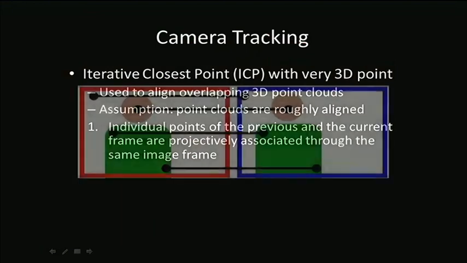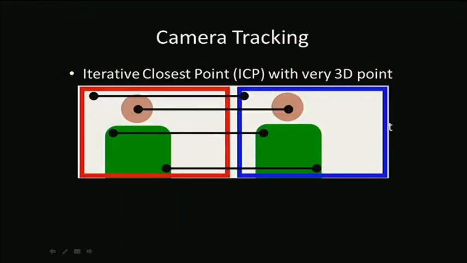So first, we associate 3D points from the previous frame with the 3D points from the current frame. So we create associations between the two images. But we do this really naively by just taking points from the same image positions. So when the camera doesn't move, the point on the top left should coincide with the pixel in the top left in the right image.